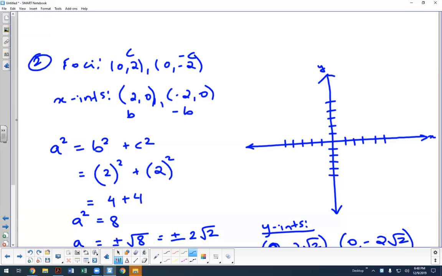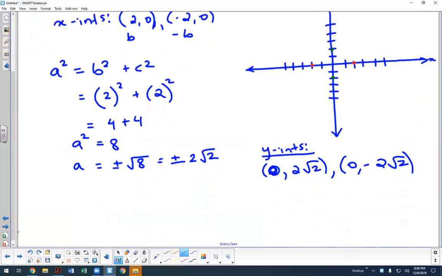Okay, so let's see, we had x-intercepts at 2 and -2, foci at 0, 2, 0, -2, and what was the approximate for our square root of 8? 2.8.